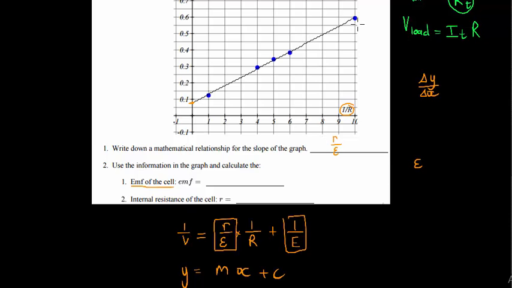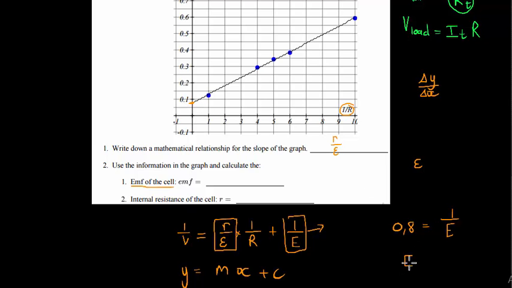So I just want E. Now how will I get E? Well, notice here that my y-intercept is just 1 divided by E. So my y-intercept here I can estimate is about 0.08. So 1 over E is about 0.08.